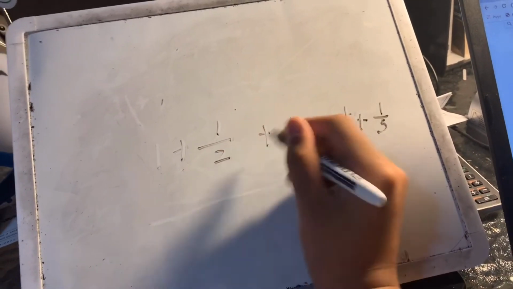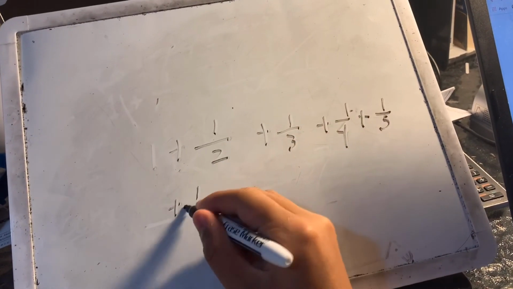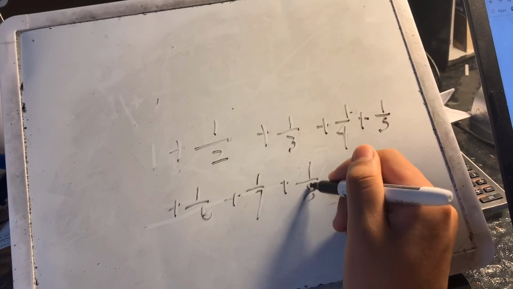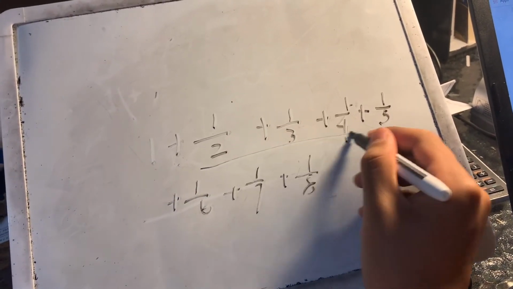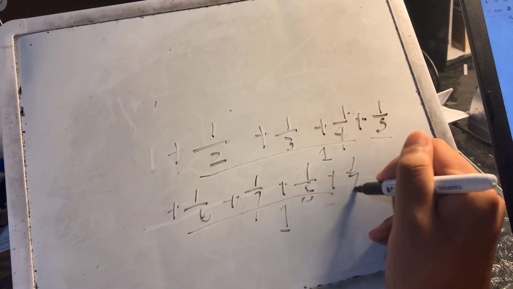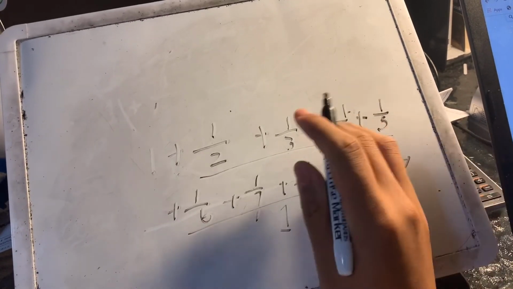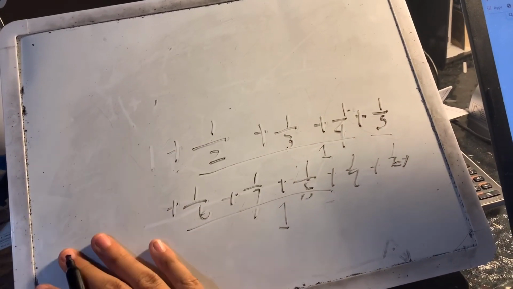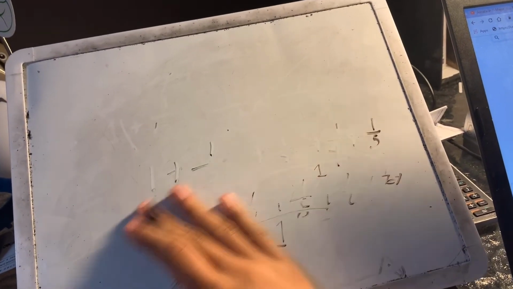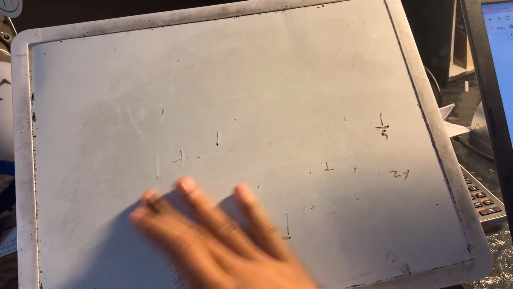Why? Because every group of values can make a 1, this can make a 1, this can make a 1, and this can also make a 1. So it will make infinitely many 1s and it won't be convergence, it will be divergence. So this is just about the definition of convergence and divergence.